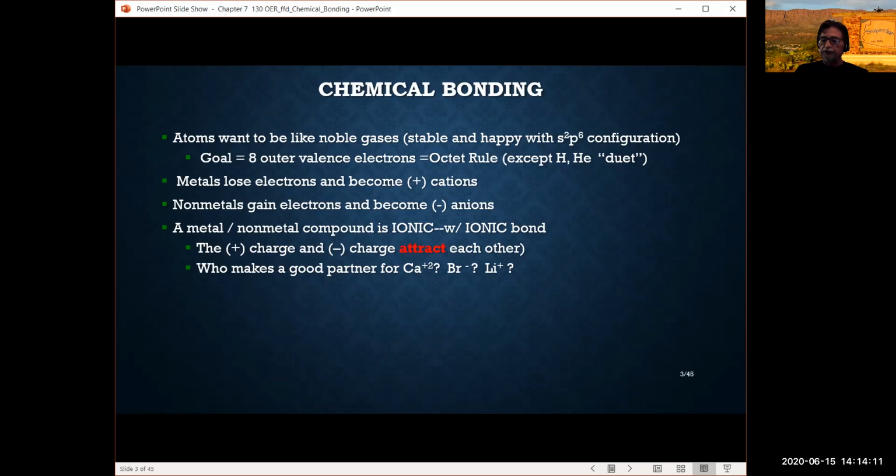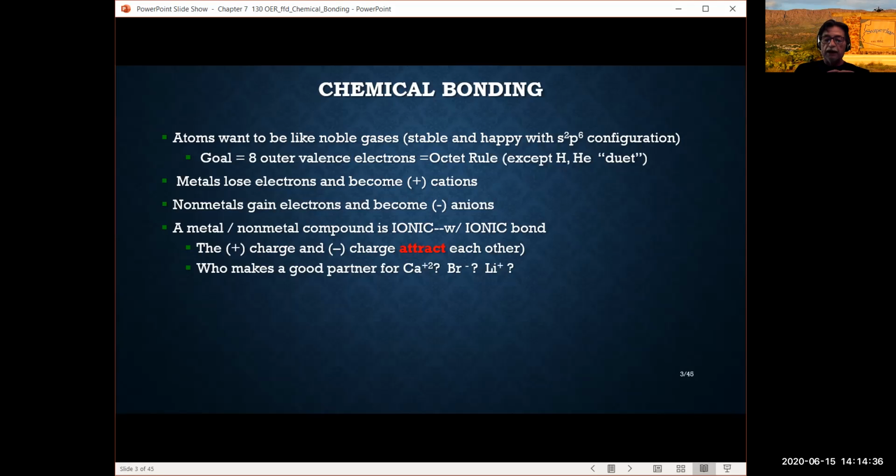How do we know it's +2? Look at the periodic table. Find calcium. It's in group 2. It has 2 valence electrons. Point number 2, it's a metal, so it's going to lose those 2 valence electrons to give us a +2. And the question here is, what is the best partner?